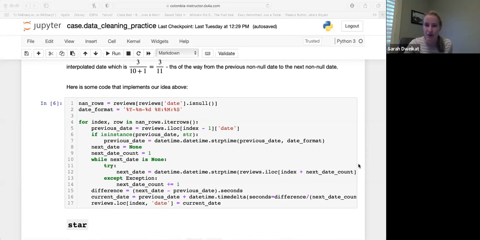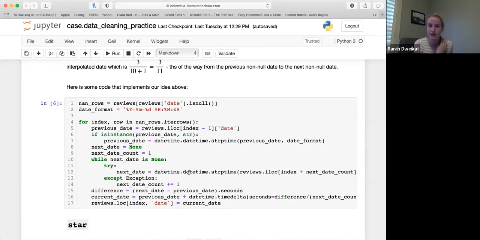Okay, so yeah, there was a good comment in the live chat about running this code step by step. And yes, that's always a great way to learn. Sometimes in a for loop, that can be a little bit tricky.